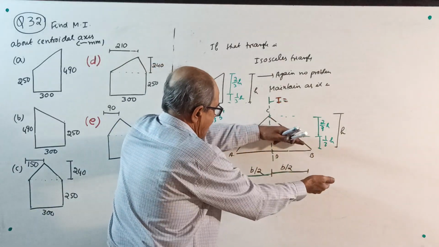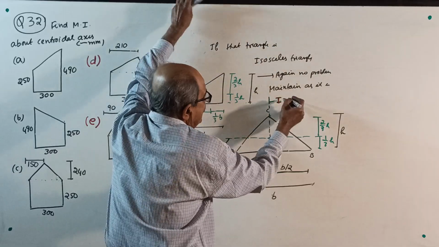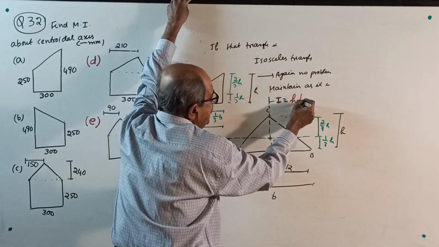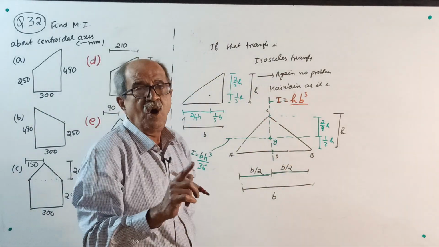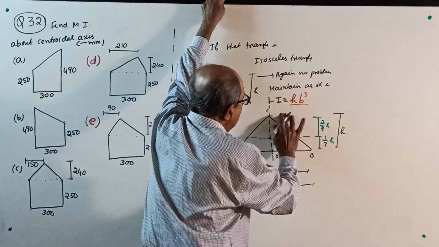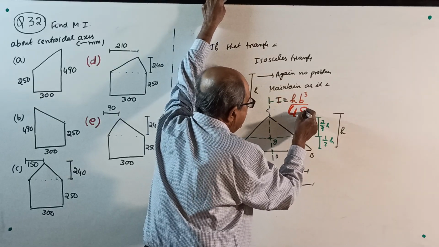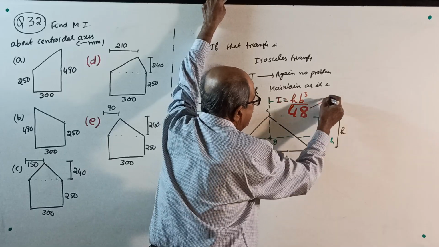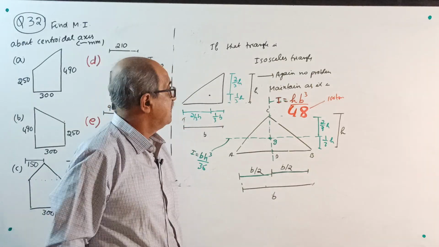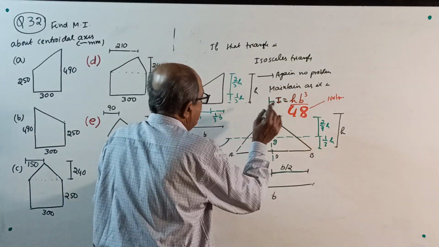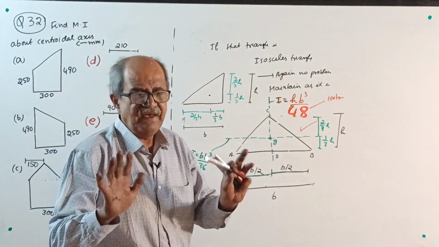See here, parallel B, perpendicular H cube. Here parallel is H, so H into B cube, full B cube for the full triangle divided by not 36 actually, I told you 48, 48, 48, 100 times, 48. So whether you get a right angle triangle or an isosceles triangle, there is no problem. Maintain as it is. Okay.